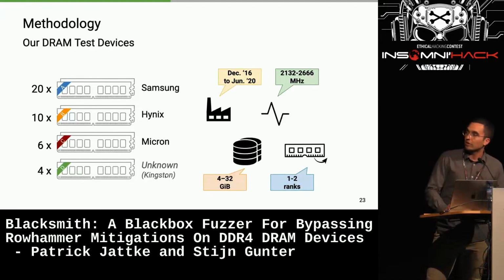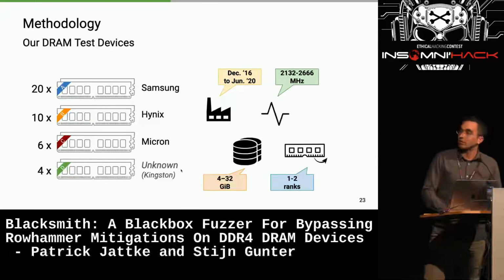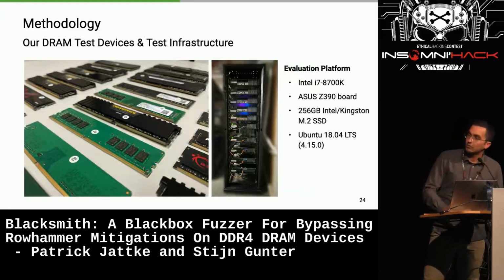We also had 4 devices where we couldn't identify the chip manufacturer, but the device is from Kingston. And here you can see how this looks. We have these very different devices. Some of them were gamer DRAM devices with heat spreaders. And this is our test cluster where we evaluated our experiments.